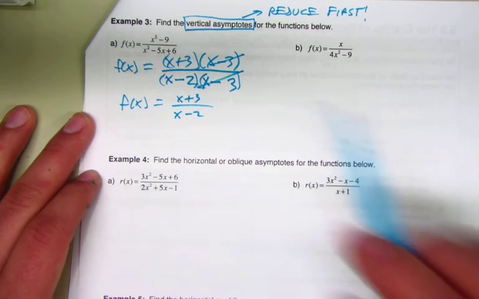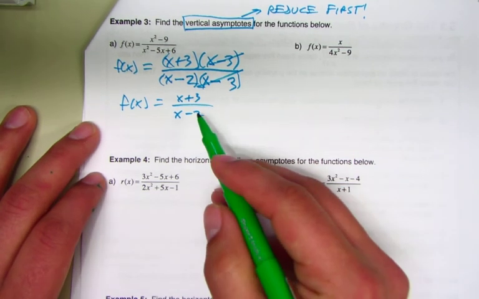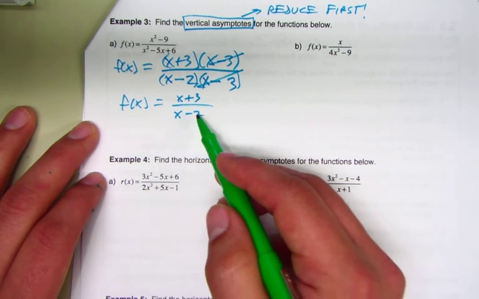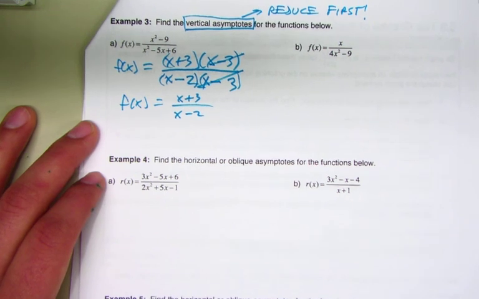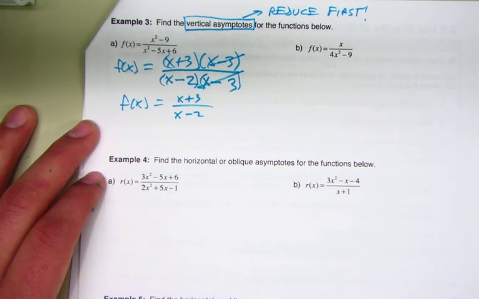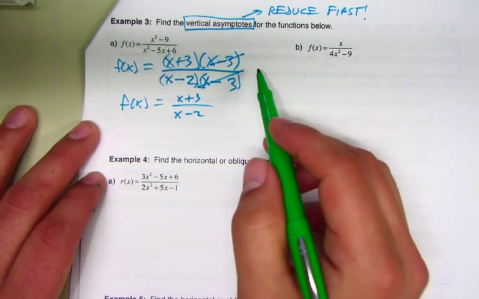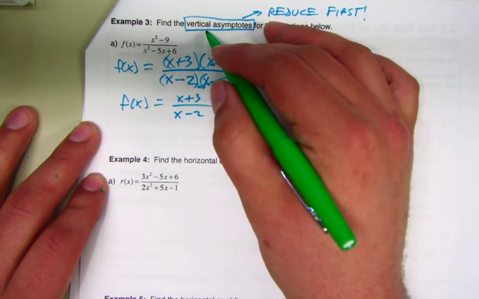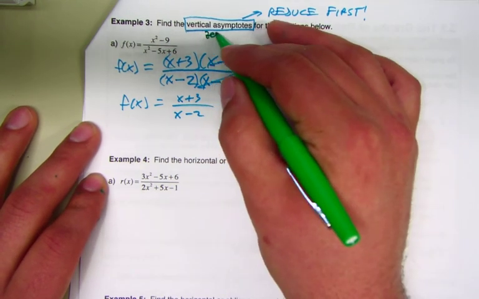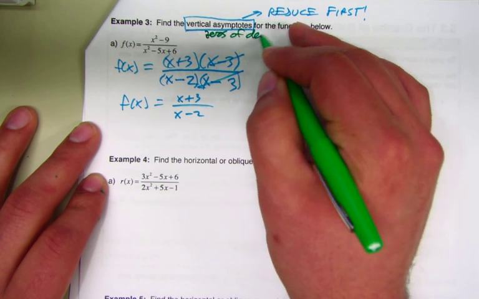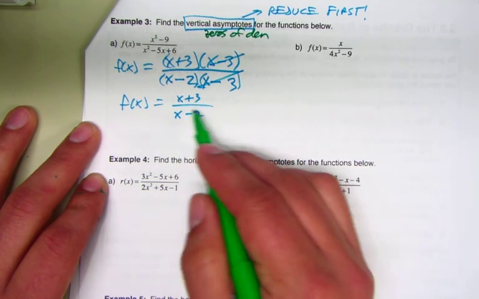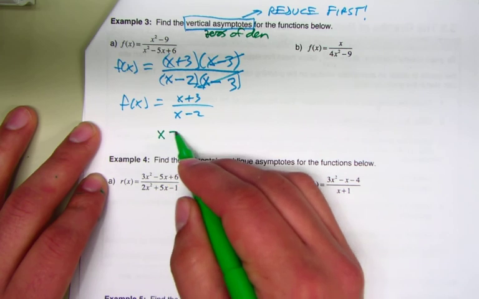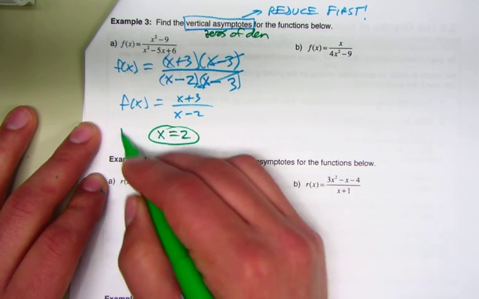How do I find the vertical asymptotes? Vertical asymptotes come from where? The zeros of the denominator. What's the 0 of this denominator? 2. X equals 2. That's your vertical asymptote.